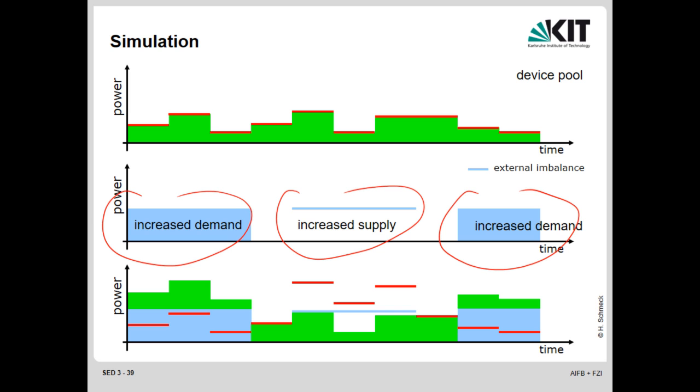Now we have this different schedule, and you see it's completely unbalanced here. Compared to the initial schedule, now we have too much demand in this time period. Here we have too much supply, and there again we have too much demand.